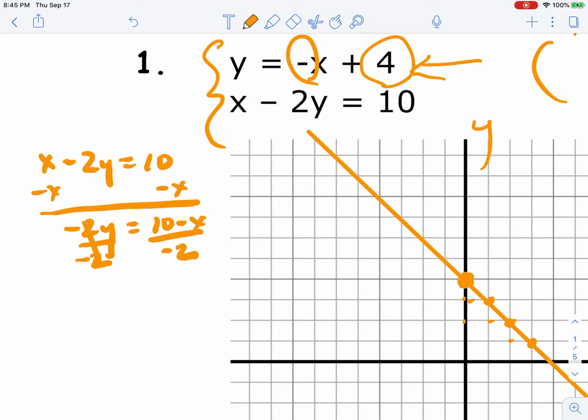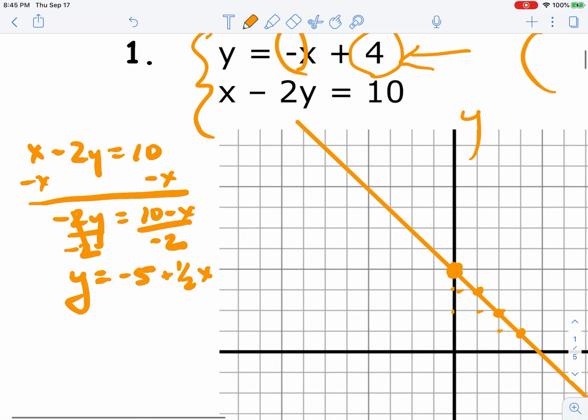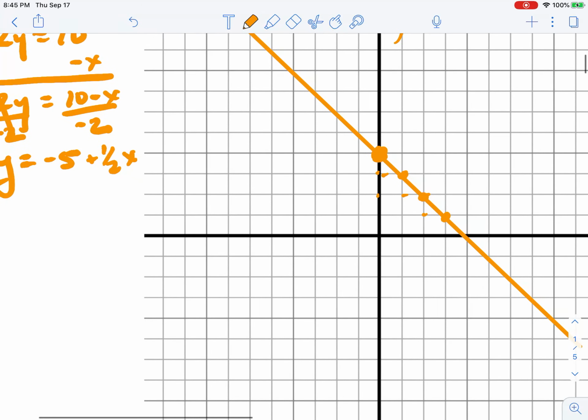What that leaves me with is y equals 10 divided by negative 2 is negative 5, and negative x divided by negative 2 is a plus 1/2 x, or just 1x over 2. So what I want to do is take that and graph it.